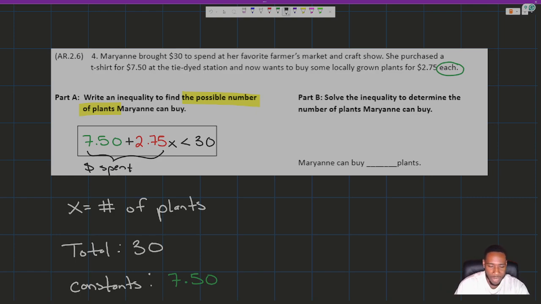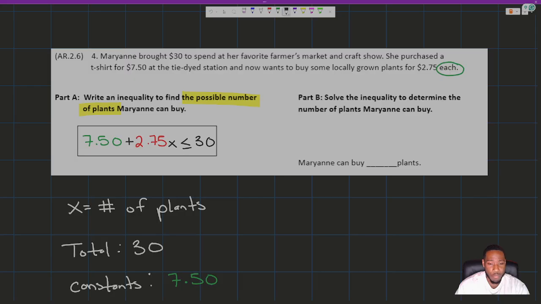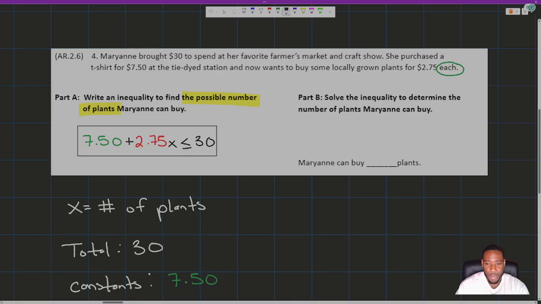She doesn't have to spend all her money. But we also understand that she can spend exactly $30. She can spend all the money she brought. She can't spend any more than she has, because otherwise she doesn't have enough to pay for it. So this is going to be the inequality that represents our situation here: $7.50 plus $2.75 for every plant has to be less than or equal to 30.